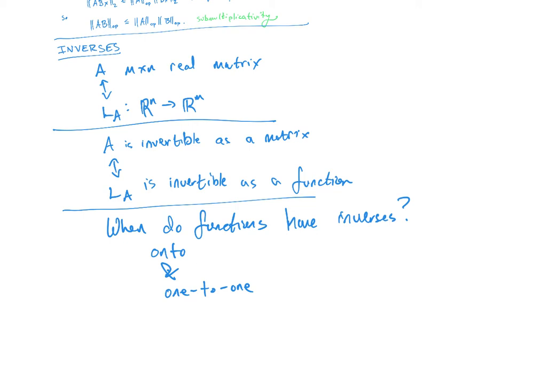Right? And we go up here and we look. Our linear transformation, L_A, is mapping from Rn to Rm. How would it be onto? If m is greater than n, then onto is impossible.